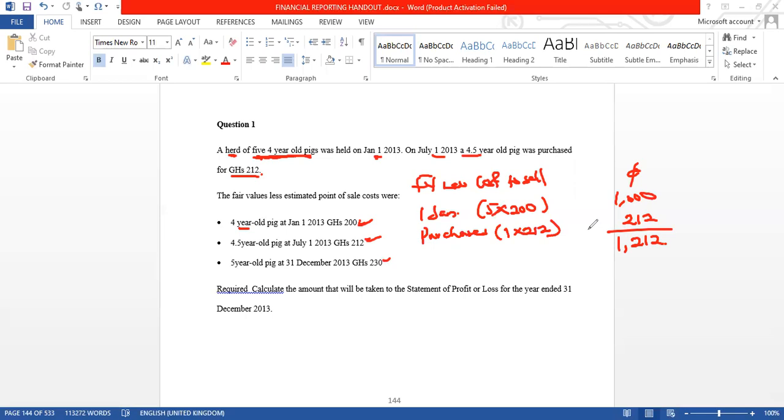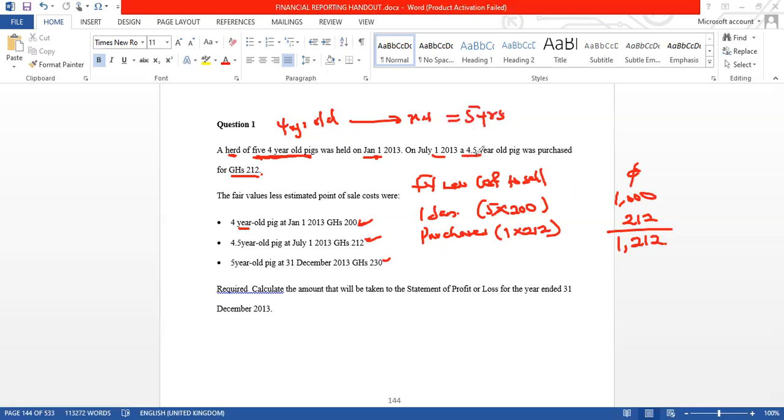So if we bought these animals on this date and they were 4-year-old, by the time we get to the end of the year, say 31st December, they are 1-year-old in addition. So it's going to be a 5-year-old animal.